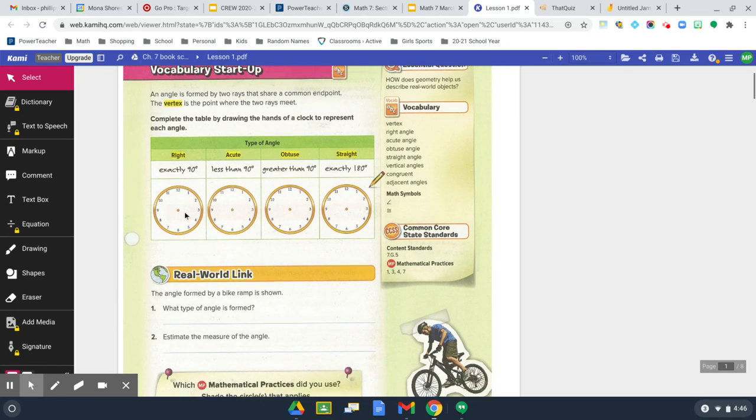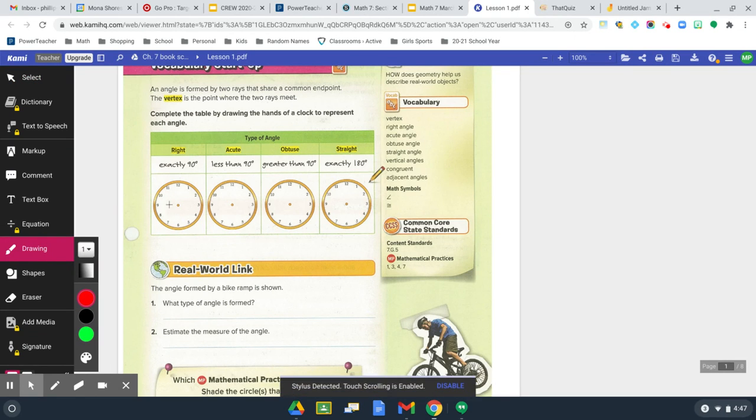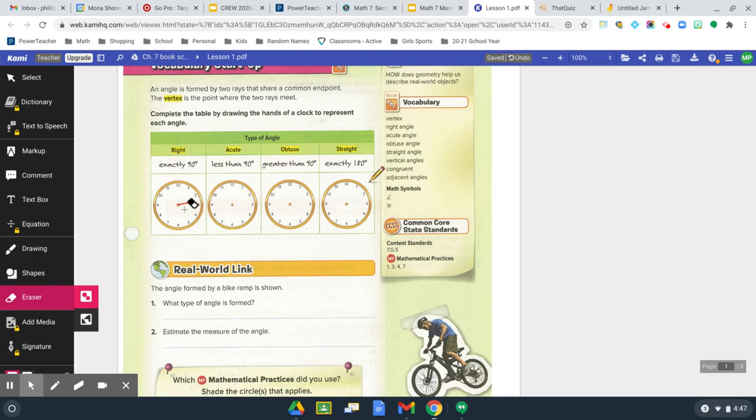Now there's quite a few of these that you could use, definitely, and I'm just going to show you one. This is where it's going to get a little messy, unfortunately.